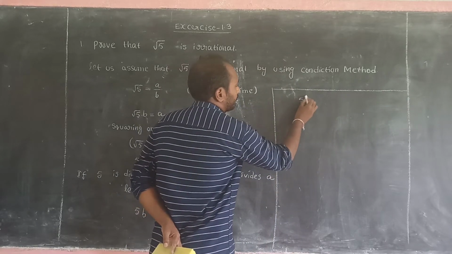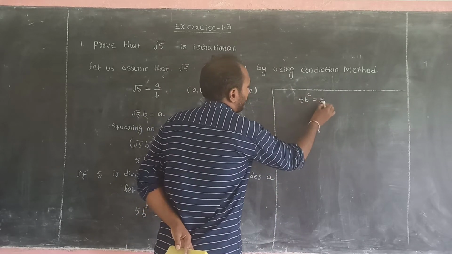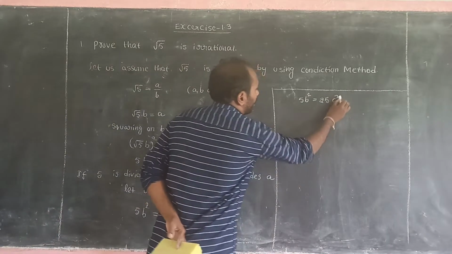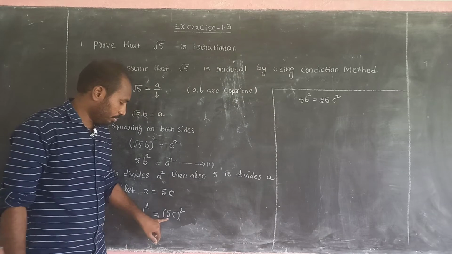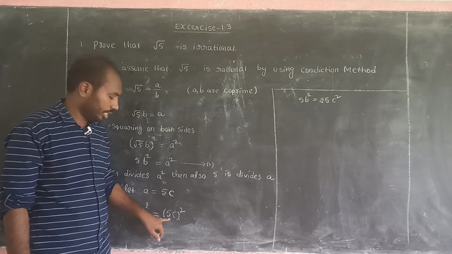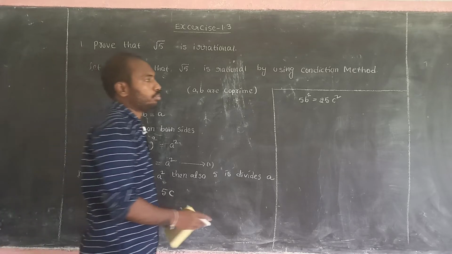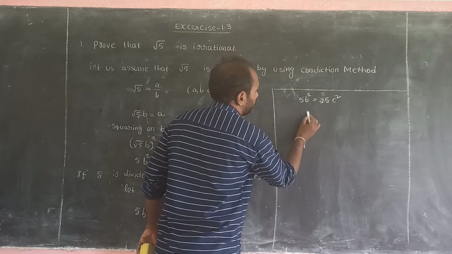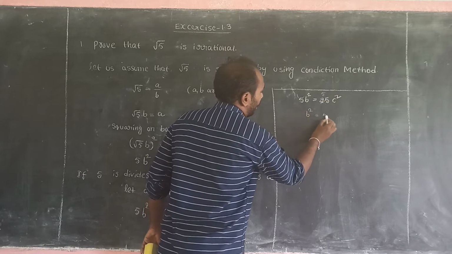So 5 b square is equal to 25 c square. Here (ab) whole power m is a power m, b power n. Cancelling 5 on both sides, 5 ones are 5, 5 fives are 25. So b square is equal to 5 c square.